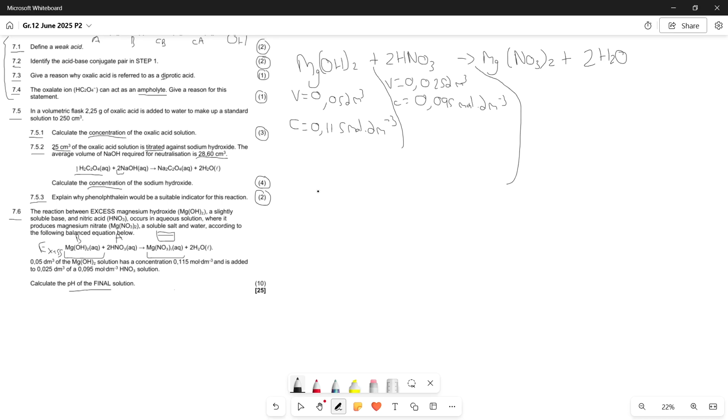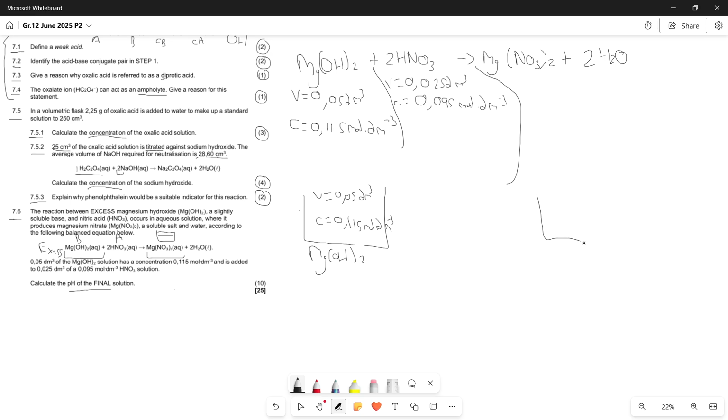So if we go ahead and draw these two in separate beakers, before we combine them into one beaker, we will have something that looks like this. So we have our Mg(OH)2 over there. We have our volume of 0.05 decimeters cubed over there. Our concentration of 0.115 mol.dm^-3 over there.